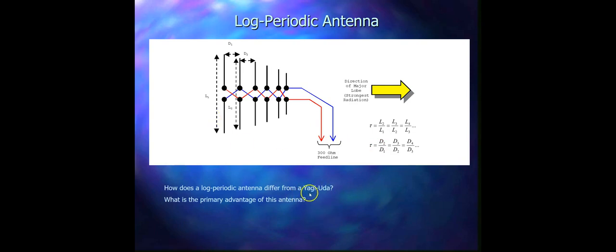When compared with the Yagi-Uda, this one has multiple directional elements, as you can see here. The primary advantage of this antenna is that it can have a higher bandwidth, and it operates on a wide band of frequencies. It can work for high frequency and ultra high frequency, and it also has a low standing wave ratio.